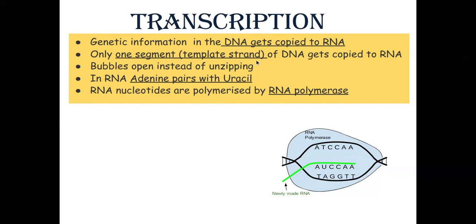Another point to remember here is that only one segment of the DNA can be used as the template to make an RNA. We know that the DNA has two strands, but of the two strands, only one strand is a template for RNA. Unlike in replication, where both the DNA strands serve as templates.